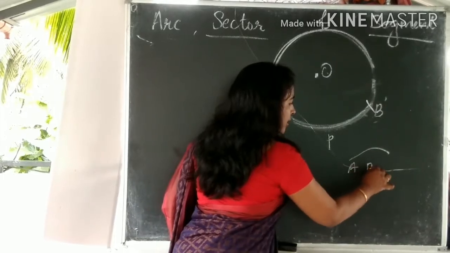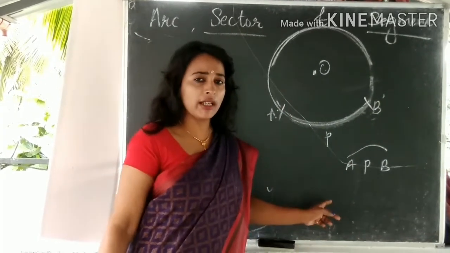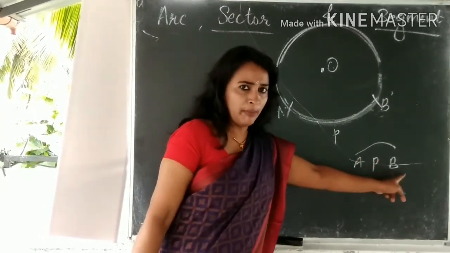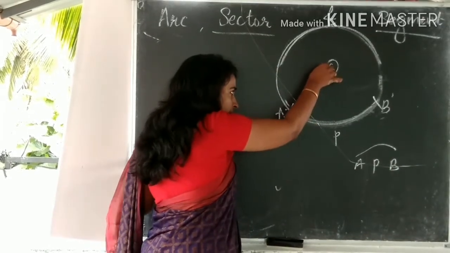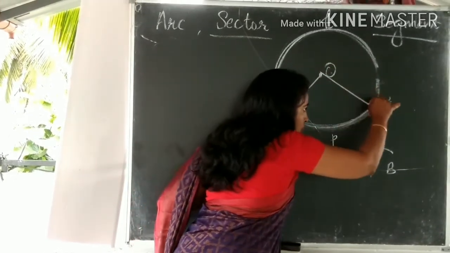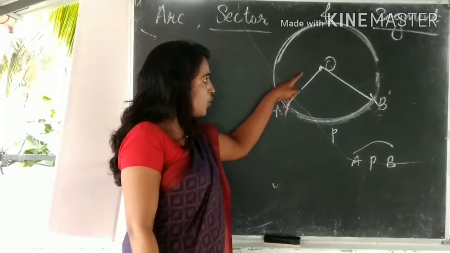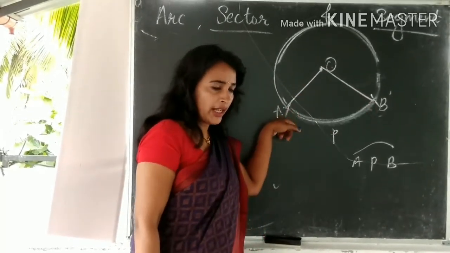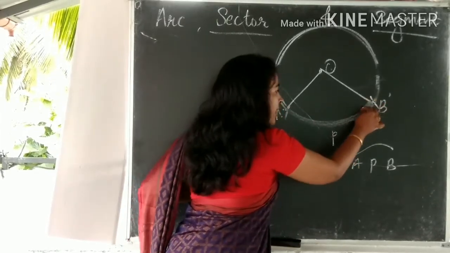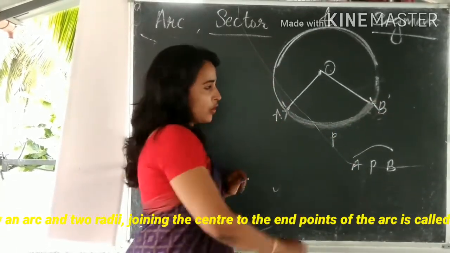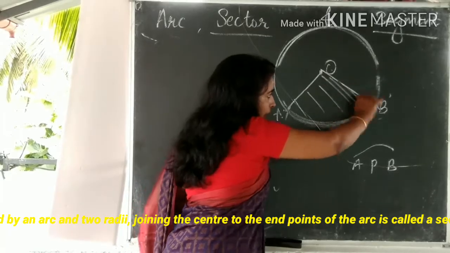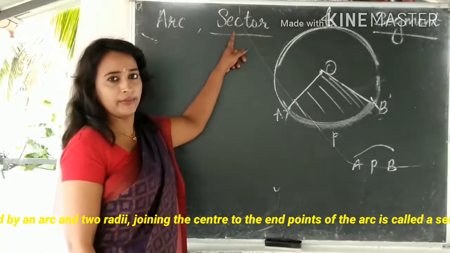Arc APB, the endpoints of the arc APB are A and B. I am joining this line. So these are the two radii of the circle. So the region bounded by these two radii and this minor arc. So look at a region like this. That is what we call the sector.